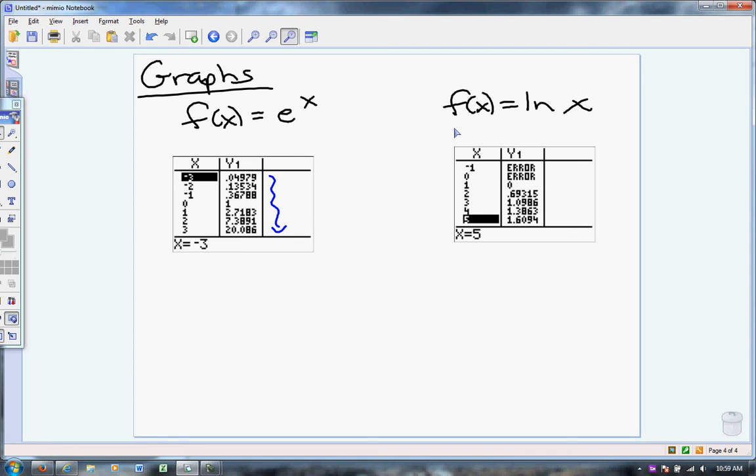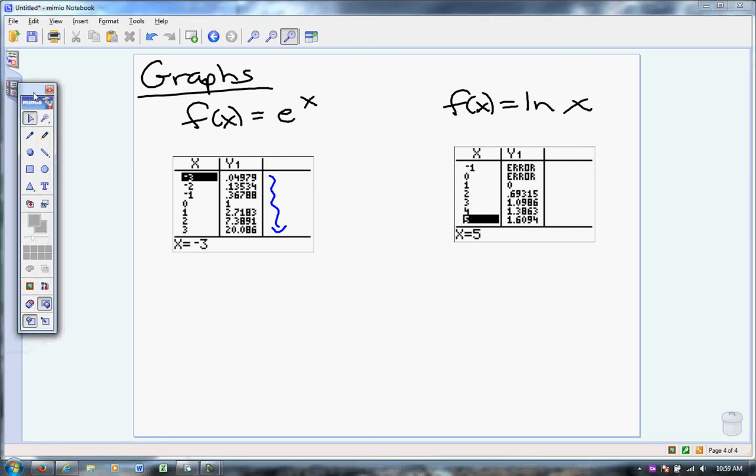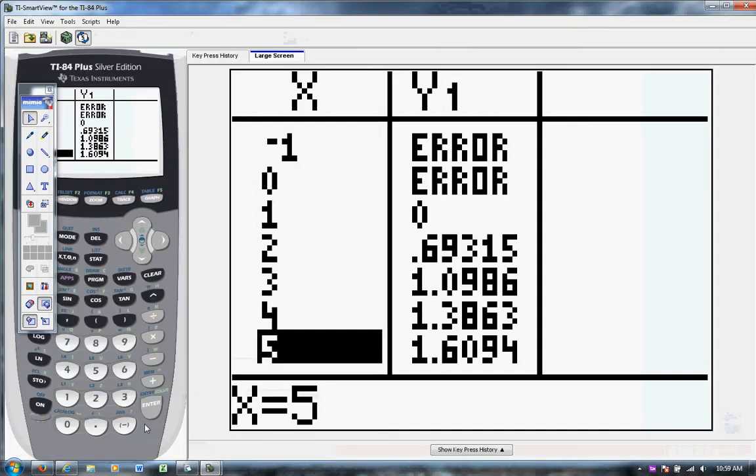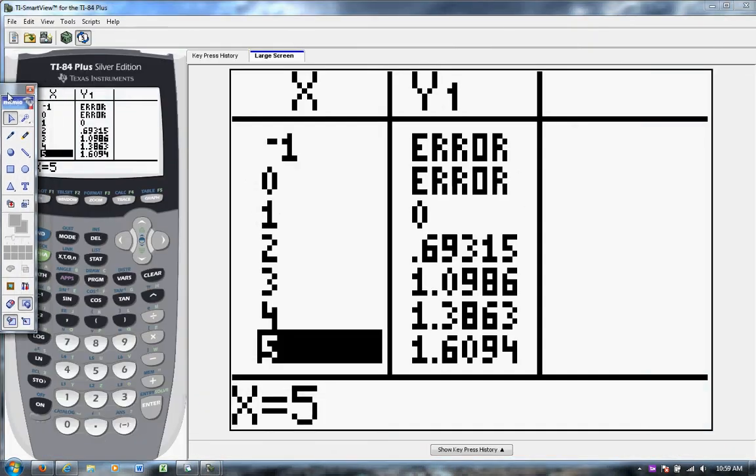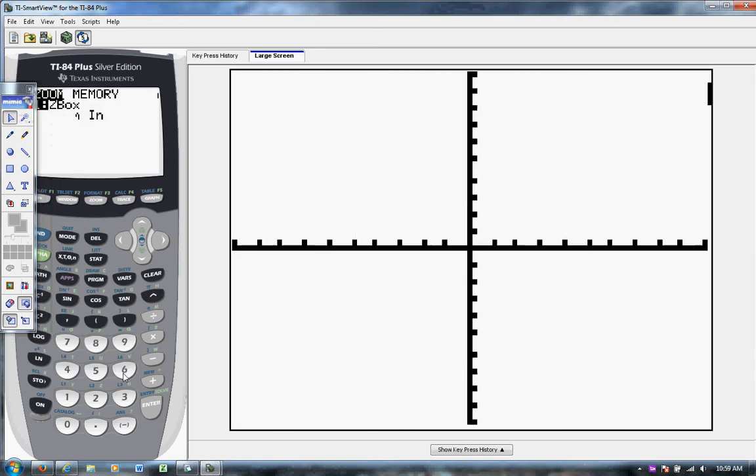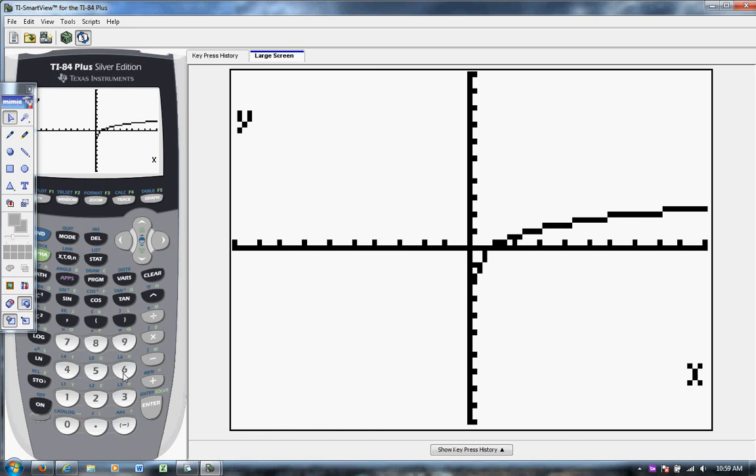Now, if we look at these graphically, let's go ahead and go back to the graphing calculator, and we will just do zoom standard and look at the graph. There's the natural log function.